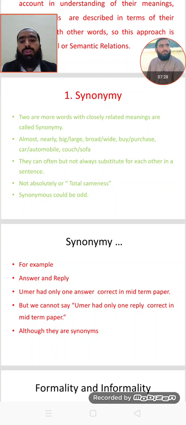Because they are not absolutely synonyms, there is no total sameness, because every word has its own feature, its own meanings, its own color, its own usage, or its own taste.